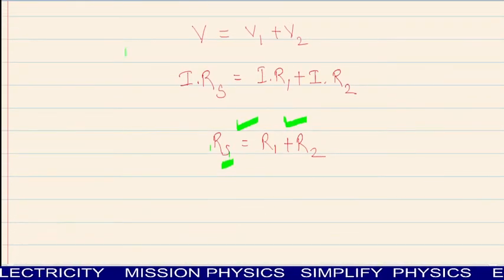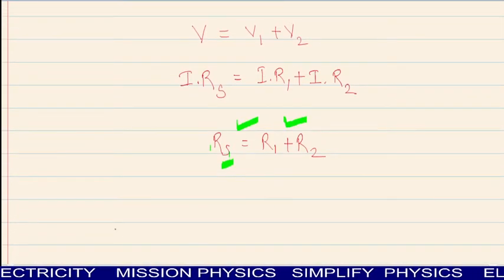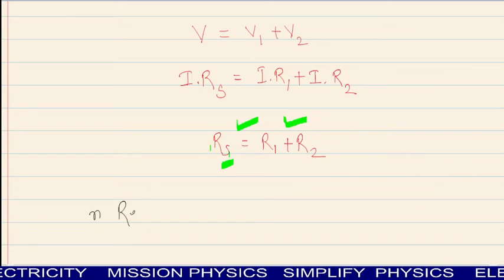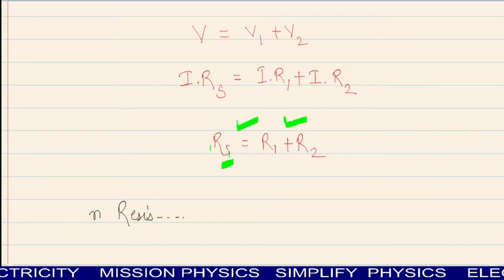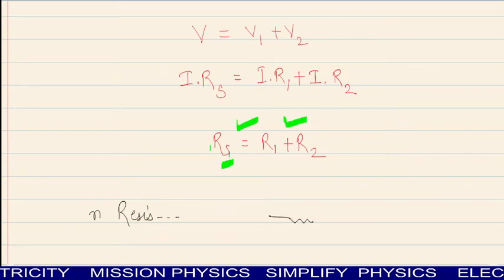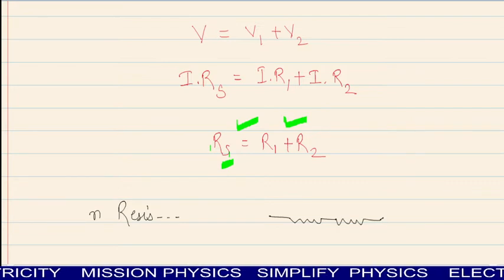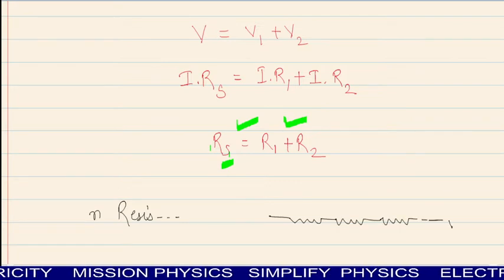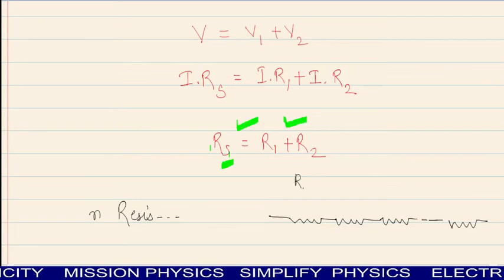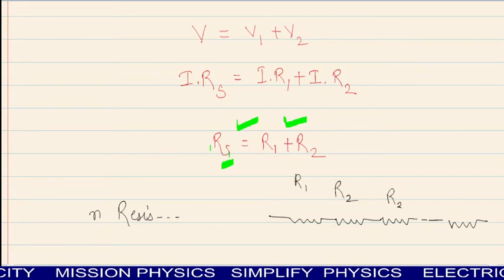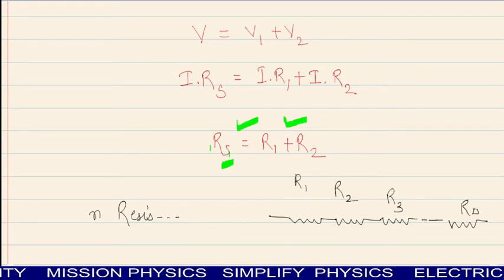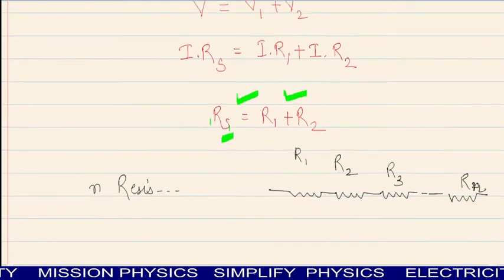And we can also extend this relationship when n resistors are connected in series. So suppose R1, R2, R3 and so on up to Rn are connected in series with a common potential difference source.